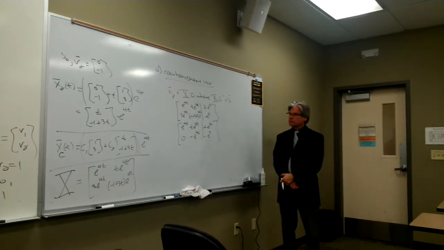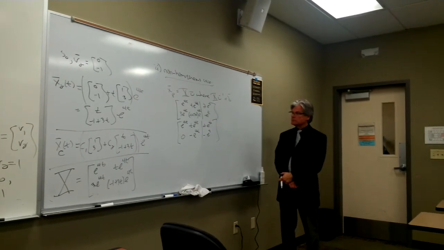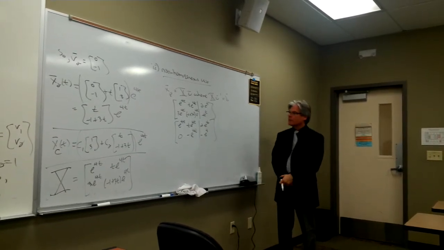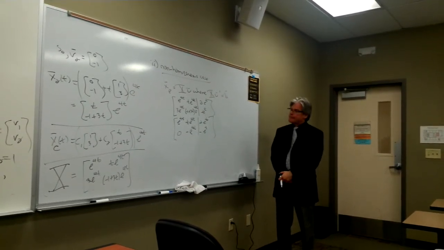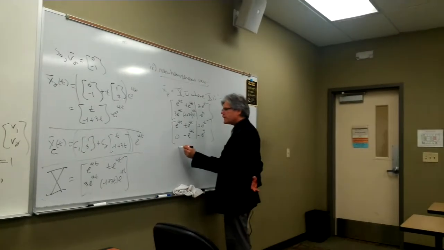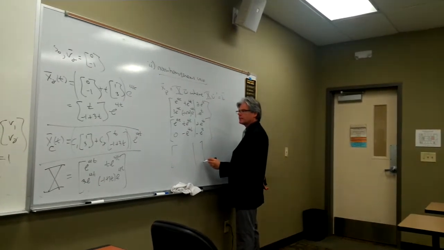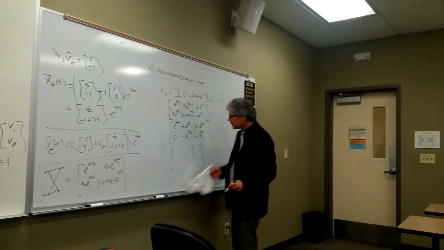Now divide out e to the t. Well, you can add the second row to the first row and, God, I'll do just that. Oh wait, no, there's a factor of t there that I wasn't seeing. Well, that's okay. I still think it's a good way to go.